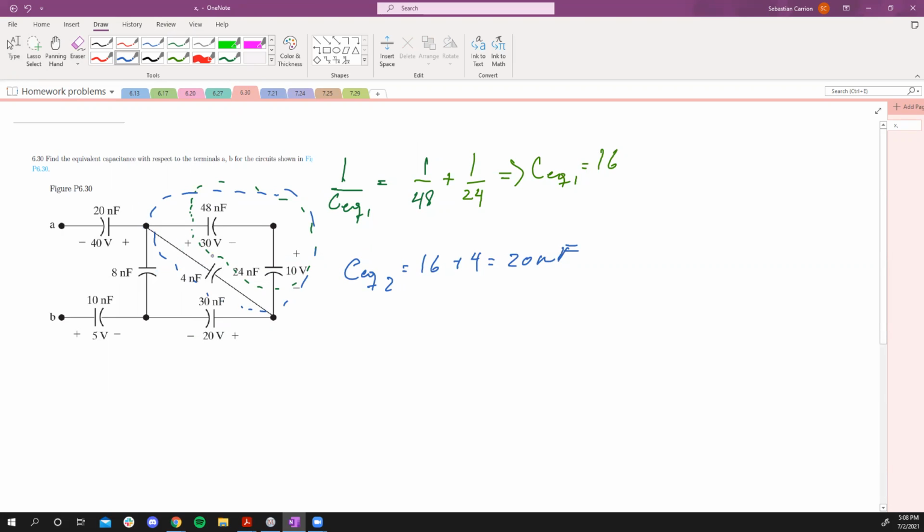Right, so we have an equivalent here, and then once again we have our series again, so C equivalent 3, right? 1 over C equivalent 3 is 1 over 20 plus 1 over 30, which is C equivalent 3 is 12 nanofarad, right?